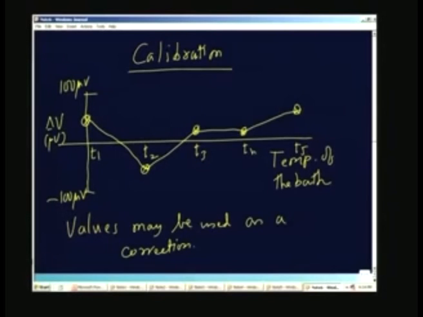So, I am going to use the individual thermocouple in the measurement. I am going to find out what is the output of this individual thermocouple, and corresponding to each, I can find out what is the error between the individual thermocouple and the reference by having a calibration chart like this, and I am going to use this as a correction, and therefore, improve the accuracy of the measurement of the temperature using the individual thermocouple.